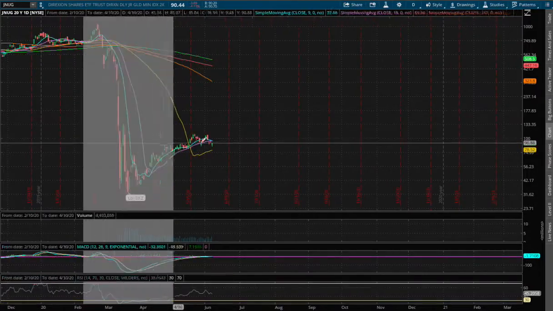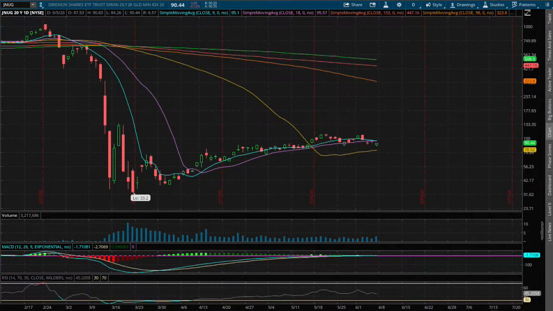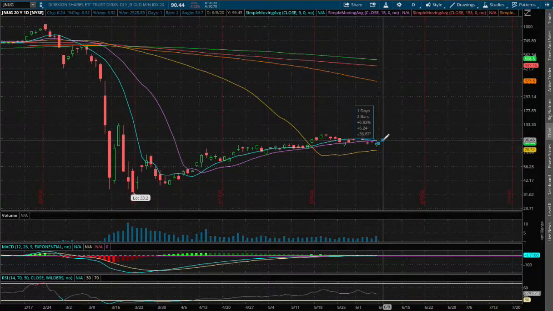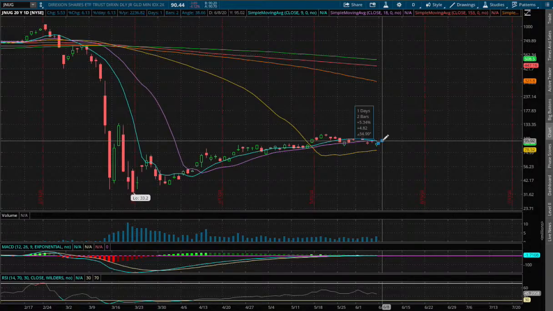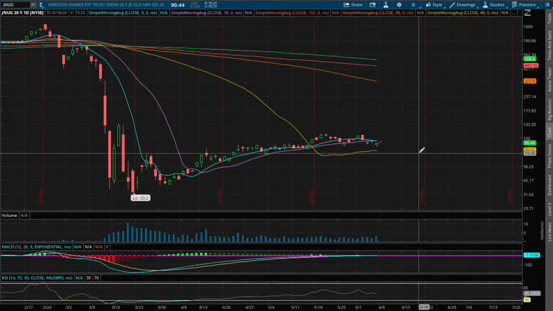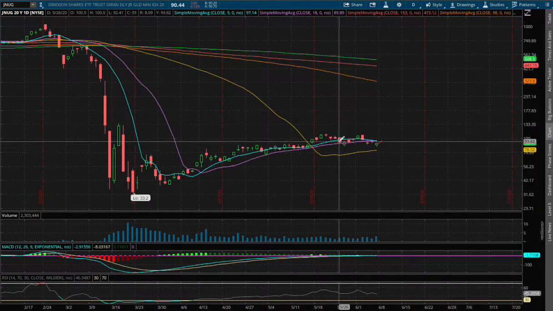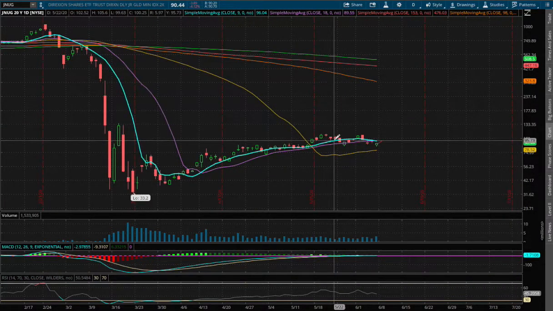So if we were to move 5.5%, same movement as we see in JDST, to the upside for JNUG, 5.5% is roughly around a price of $95, and that coincides with the 9-day moving average and the 18-day moving average, the blue and purple line respectively.